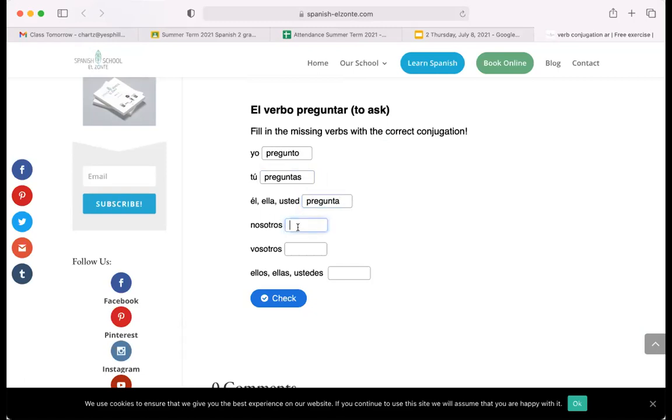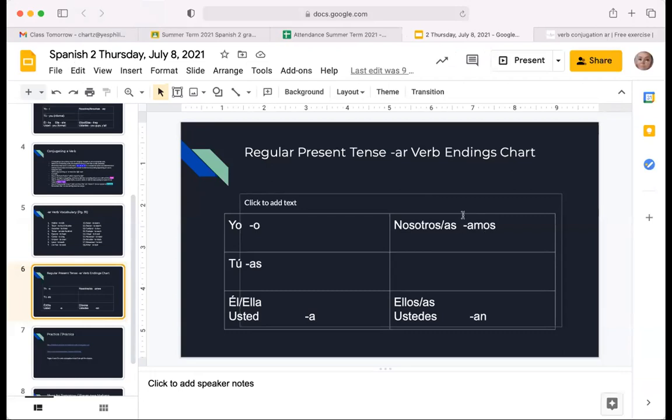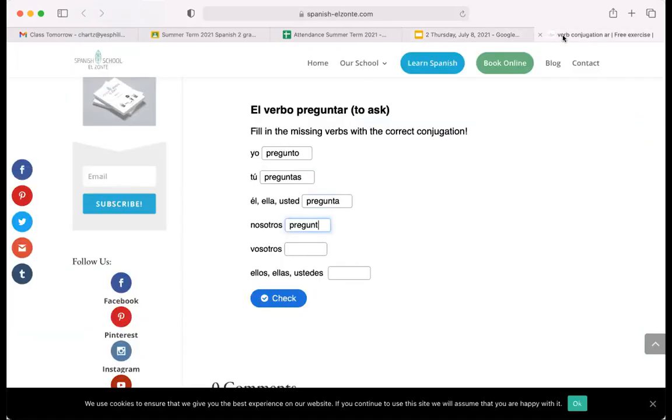Yep, that's right. And then with nosotros, we're going to take our stem again. And we're going to add amos to the end, right? So it's going to be preguntamos. We ask. And then I'll do this one. And then the last one here, we have ellos, ellas, or ustedes blank. So they ask or you guys ask.